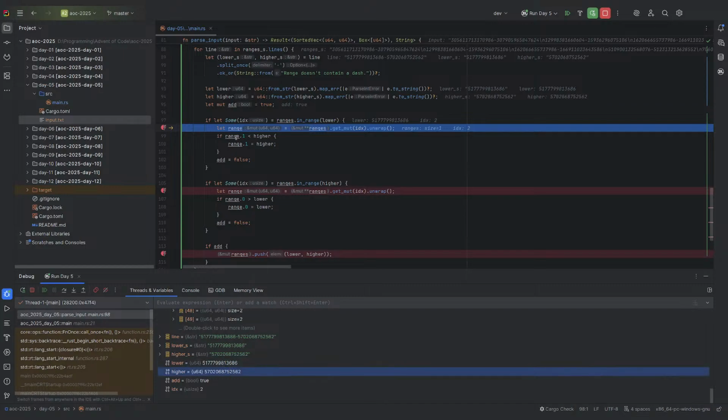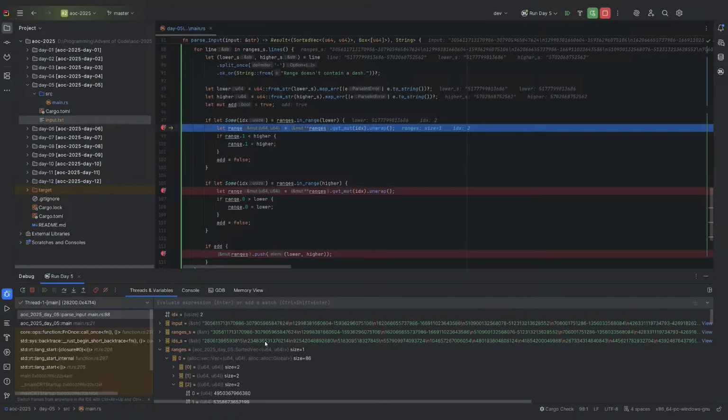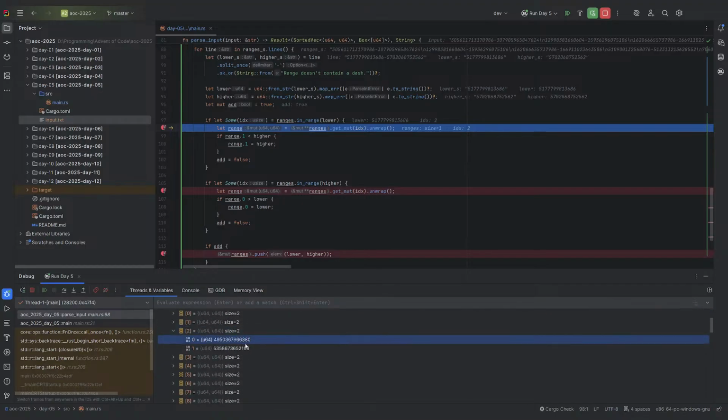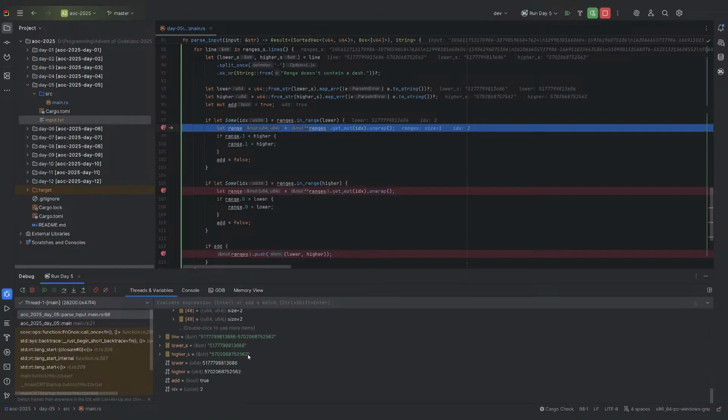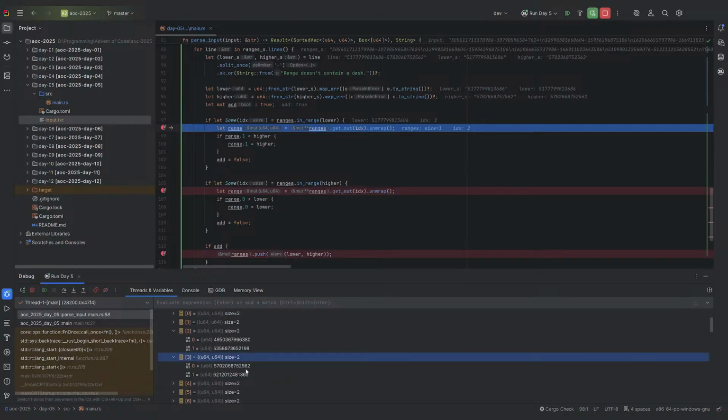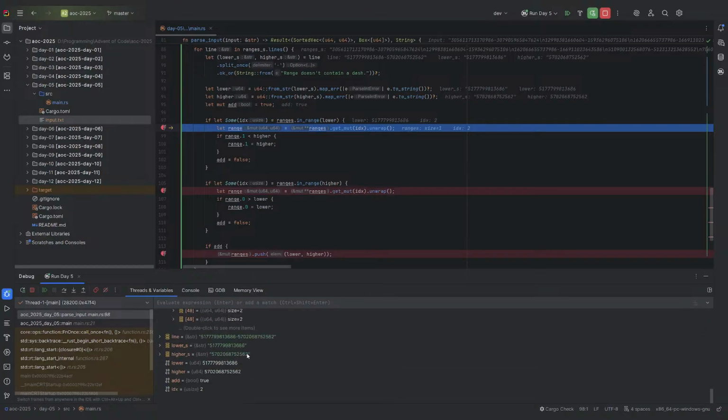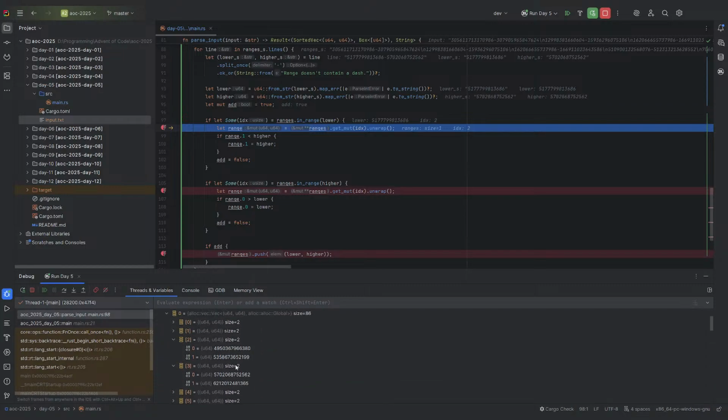So range will be this element. Five 702. Wait. Why is that already in here though?